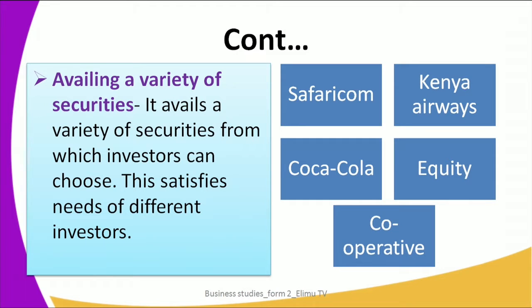For instance, if we visited the stock exchange market, you'll find shares from Safaricom, Coca-Cola, Equity Bank, Cooperative Bank, and so they are able to make a choice of which company to invest in. This usually satisfies the needs of different investors, which is very important.